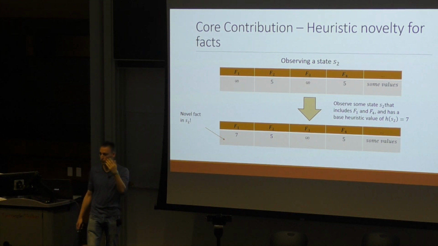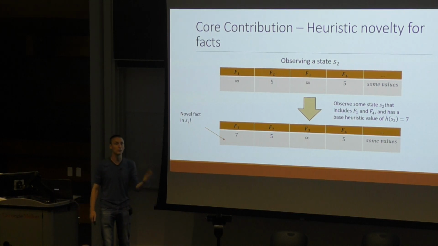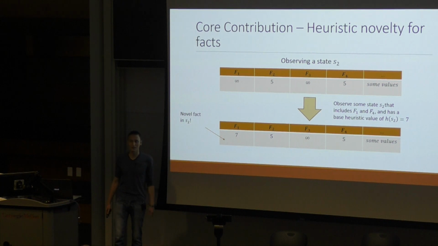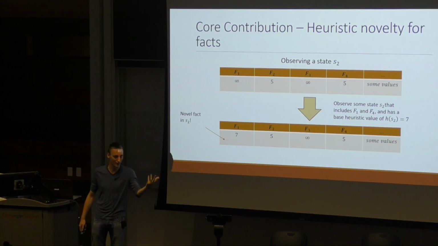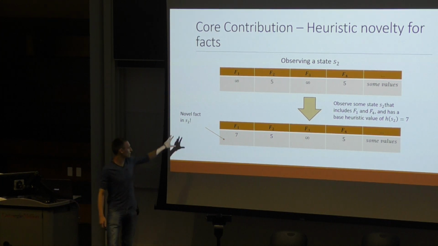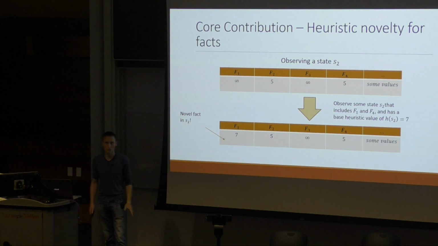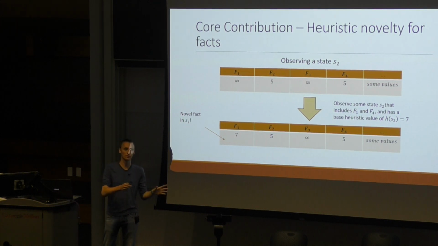So we're just going to the minimal value. And we say that if there was some fact whose value was updated upon observing the state, we say that this fact is novel. All right? So the fact is novel if its novelty score has gone down, and we updated it.